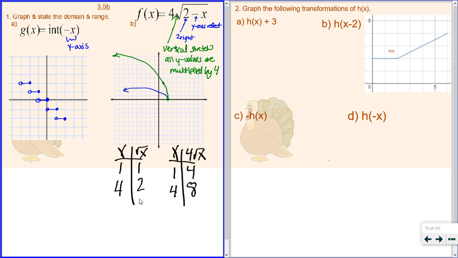Okay? So instead of from here, you have 0, 0, and then we have our version of 1, 1. And then we could go to 4, 2, but now it's 4, 8. So all the y values are multiplied by 4 if I'm just considering the stretch. But 0 stays 0.